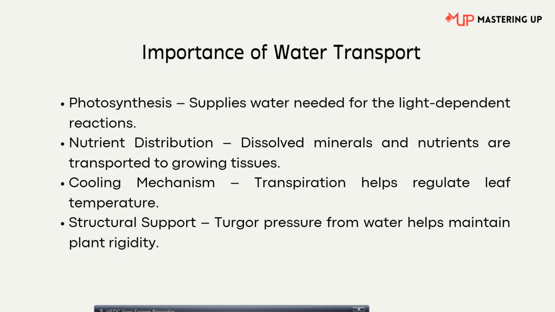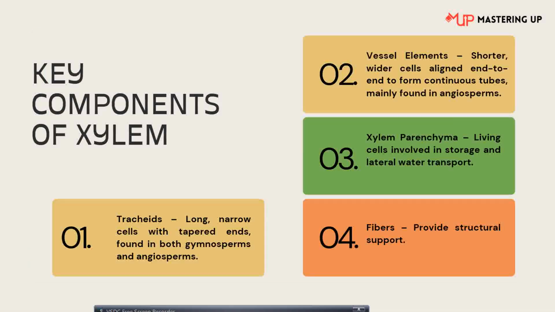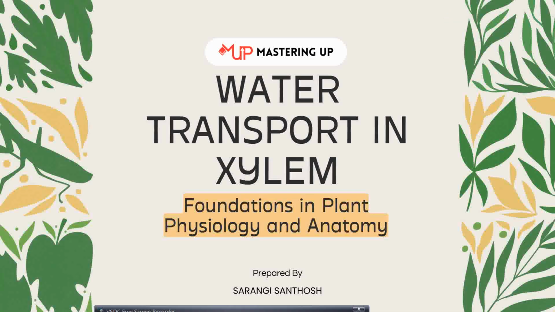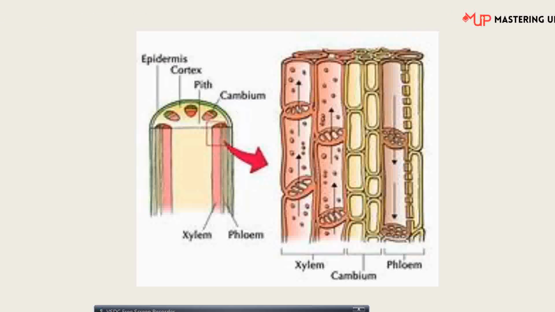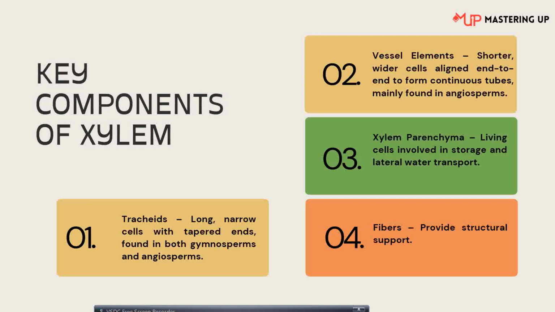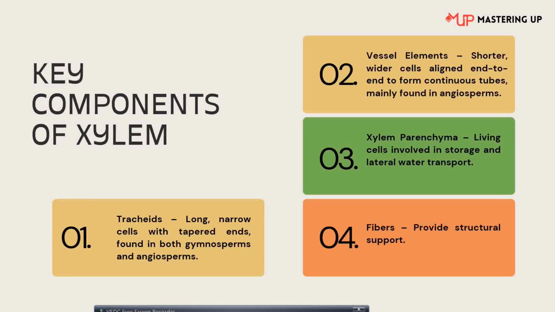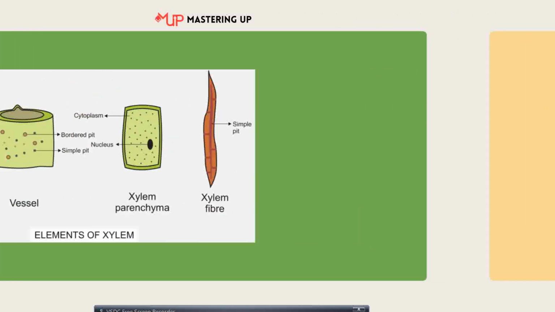So that was all for our class on water transport. Let's look into that once again. First of all, we had the introduction. We got to know about the location of xylem and phloem. Now we learned about the key components or elements of the structure of xylem.